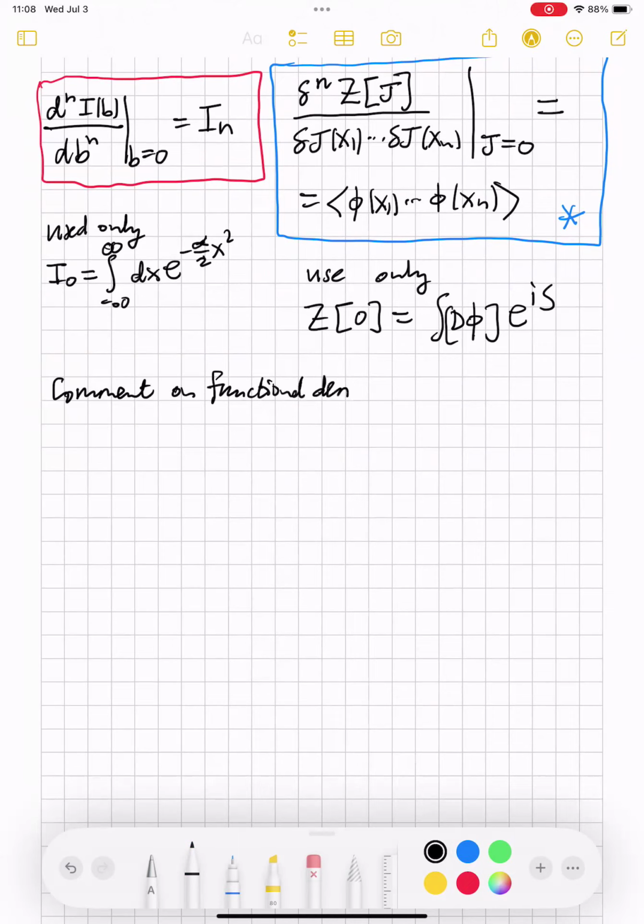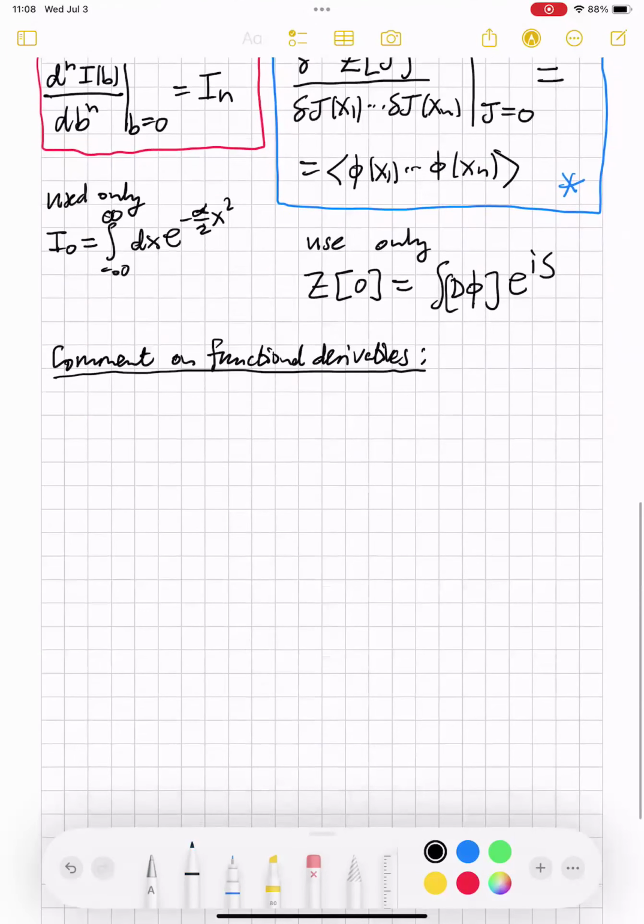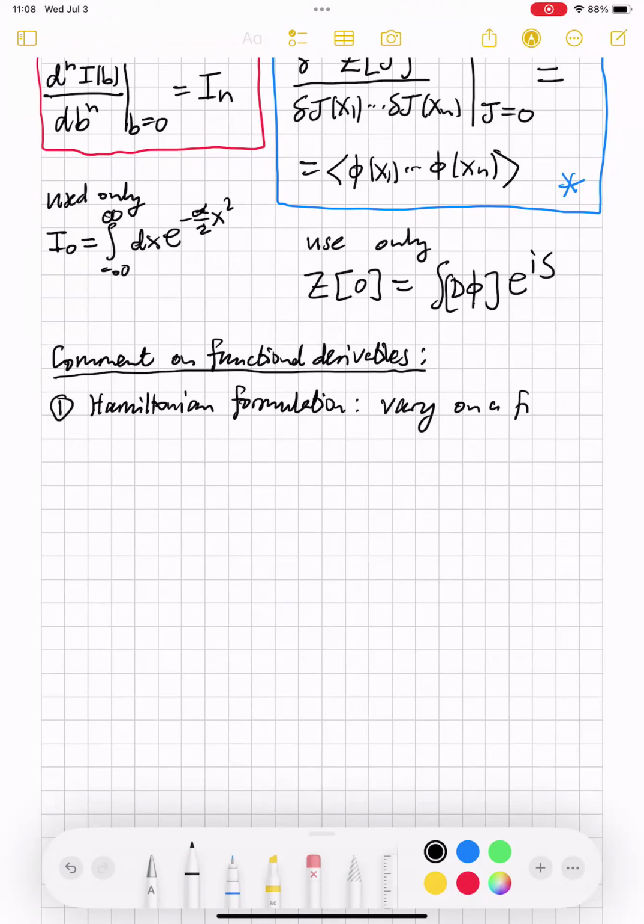You see, we typically use functional derivatives in at least two places in field theory, but we use them slightly differently. You have already used them in the Hamiltonian formulation. Remember when we were calculating Poisson brackets of the fields? There we did use a functional derivative, but we vary on a fixed time slice.